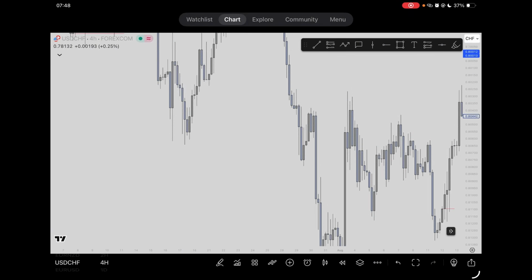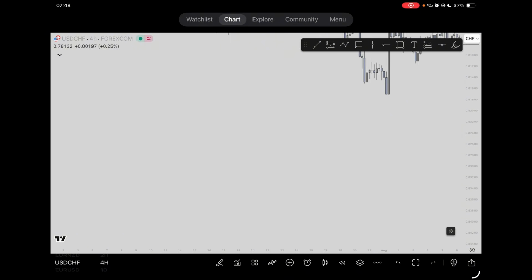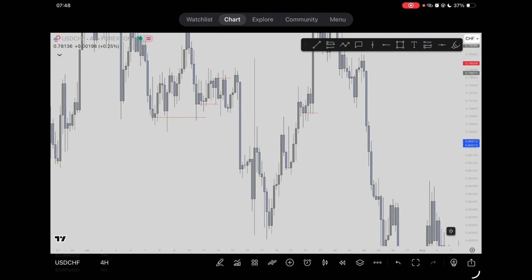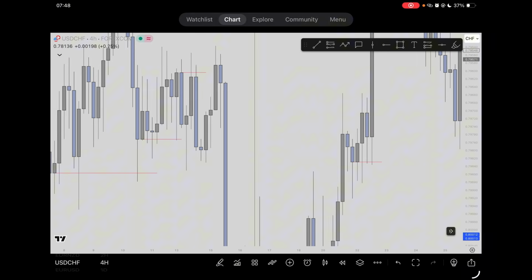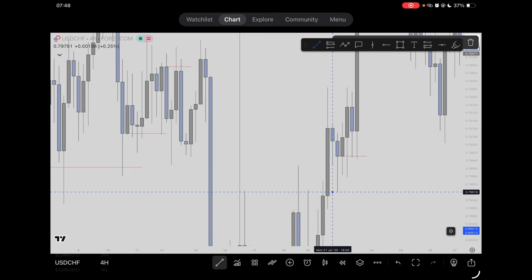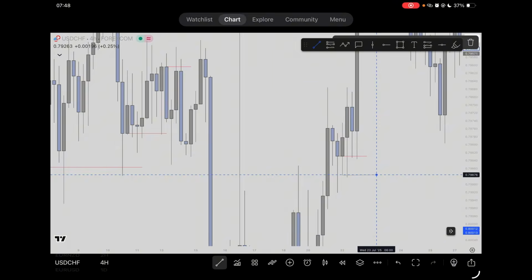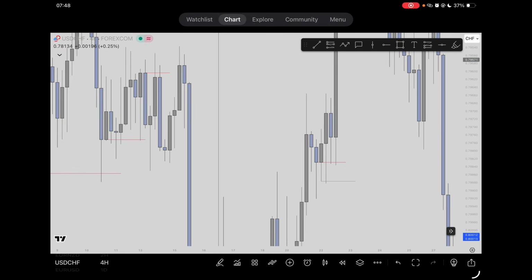So let's check. I see how it kept on going. This right here, rejection. Only seeing that price is rejecting a low or a high of a candle, you should know that price is giving us buyers a sign to buy or a sign to sell.